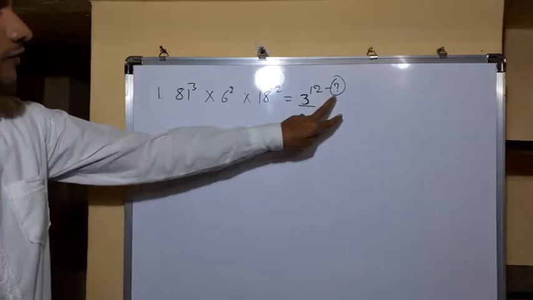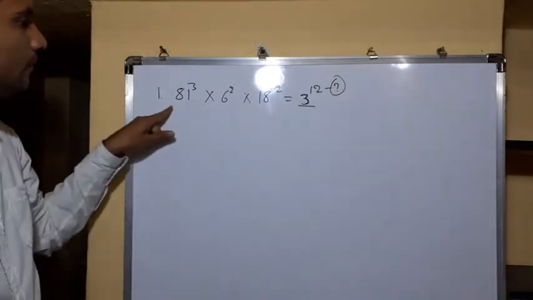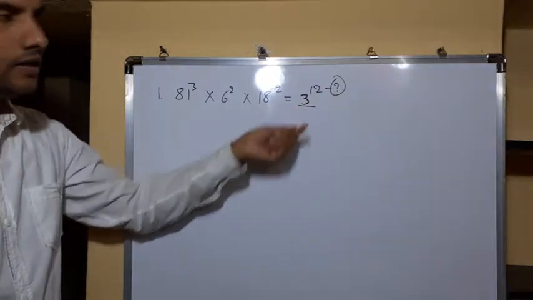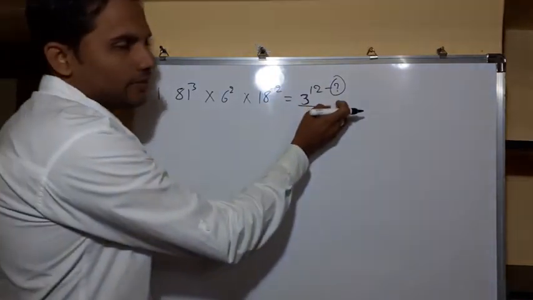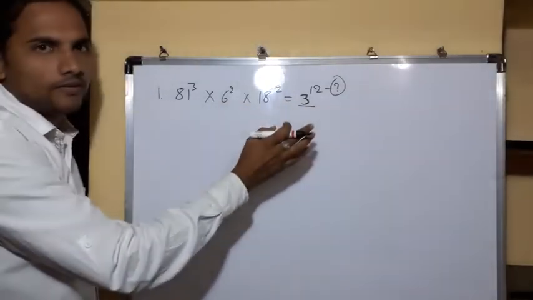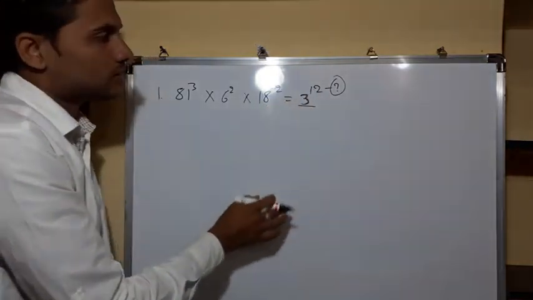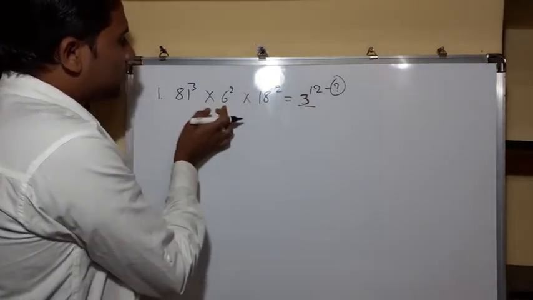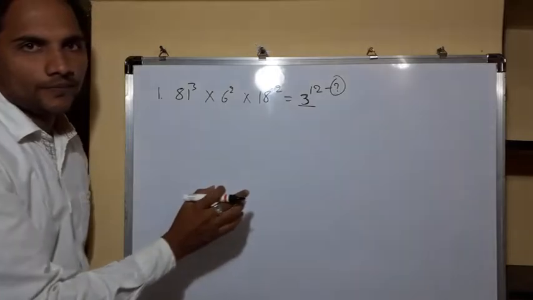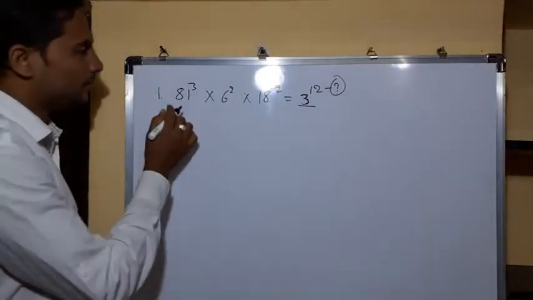If you want to find the power, it's better to bring all the base terms in terms of 3, so that simplification will be very easy. Without bringing it to 3 also we can solve, but it will be very tedious, so don't go for that. Convert all the base terms in terms of 3, so that simplification will be easier. This will be the first trick.